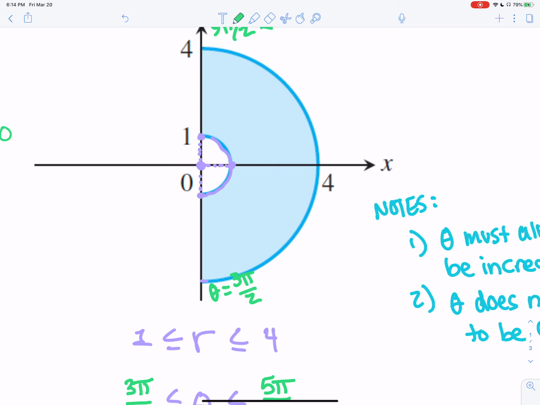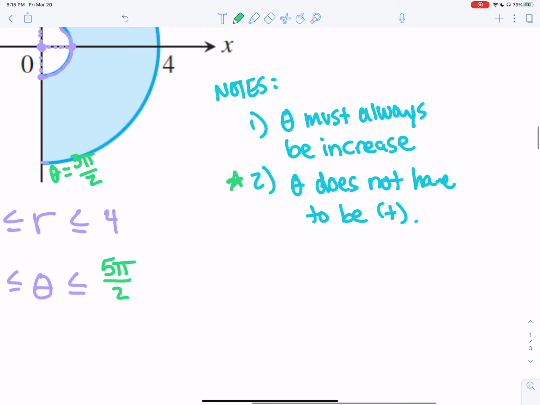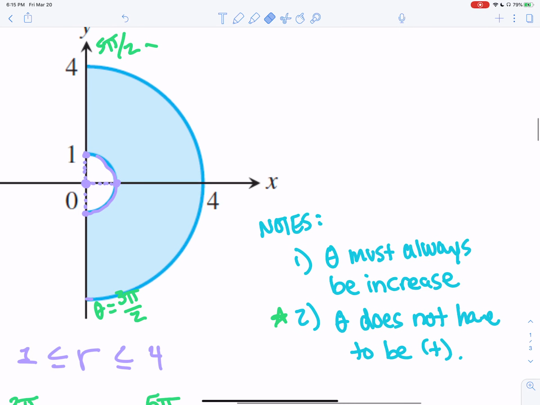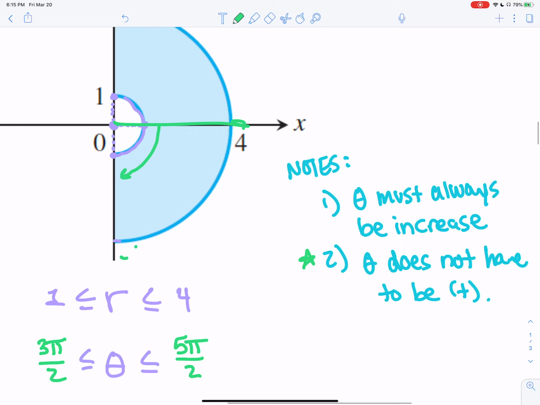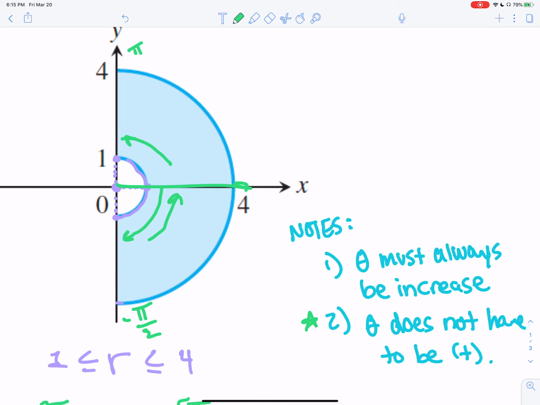Now, the other way to do it, and the way I would prefer to write it, is taking into account that theta doesn't have to be positive. So what you could do, you could equivalently write this region by starting at theta equals 0 and actually backing up pi halves and starting at negative pi halves and going to 0 and then continuing on to positive pi halves.